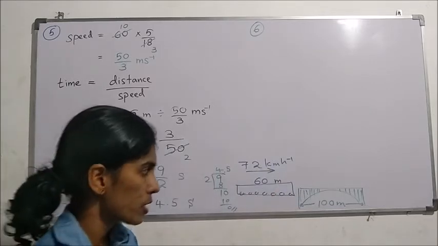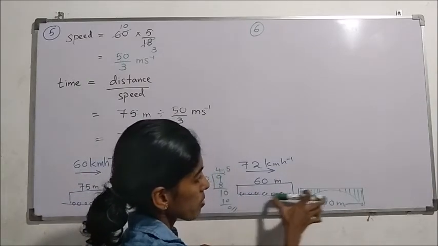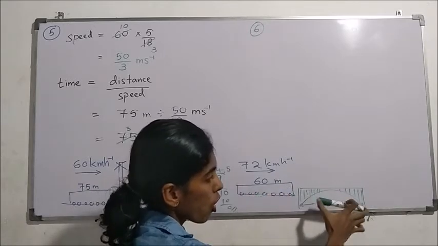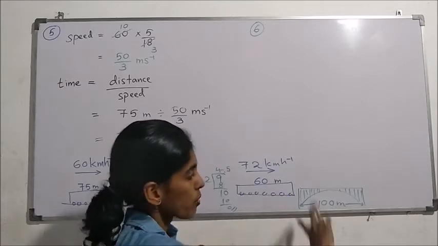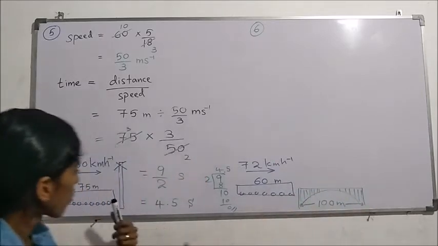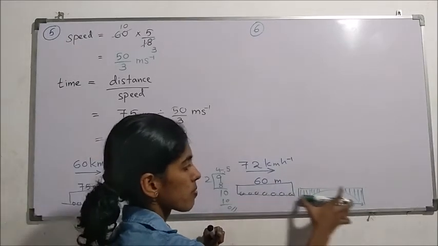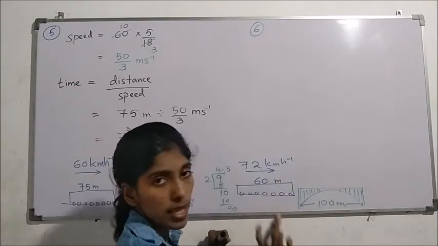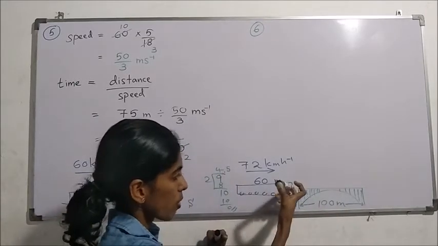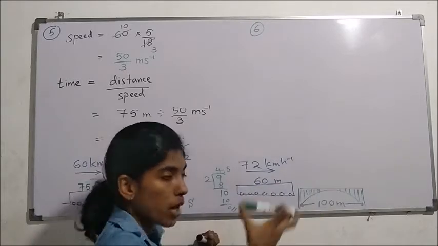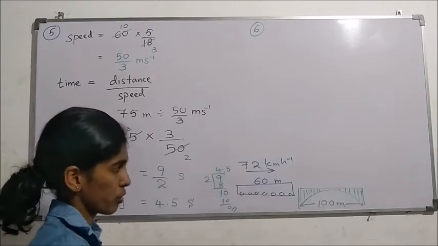When this train crosses the bridge, you know that along with these 100 meters you need to add the length of the train also. This bridge is not a single point like a post, so you need to add these two lengths to get the distance here. The train is passing from this point to this point, the whole length should be passed. So add 160 when you get these types of questions, right?